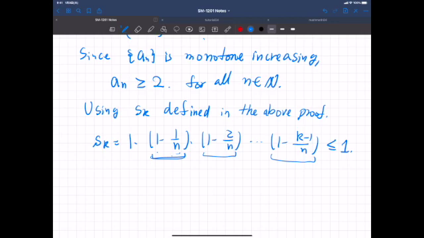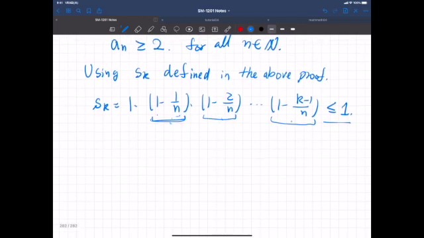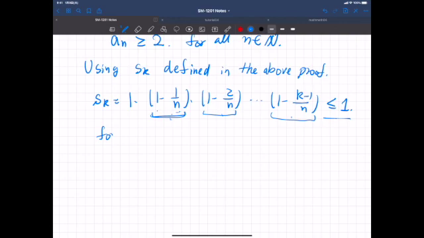Therefore, the product of numbers less than 1 is less than 1. So this is less than 1, for all k from 1 to n minus 1.